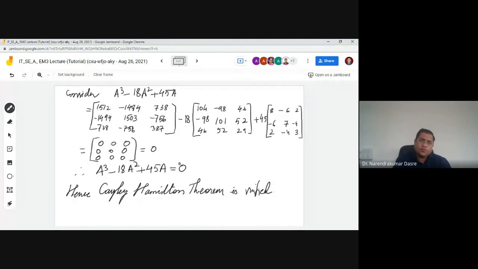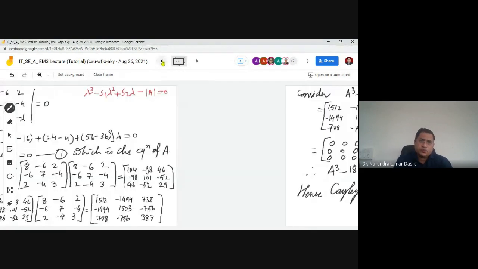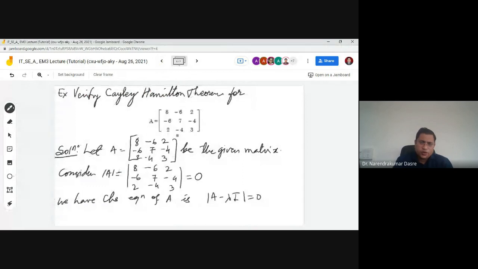Here we can see this was the given matrix. We just have to find out first the characteristic equation. To find the characteristic equation, first I need to find the determinant. After finding the determinant of this matrix, we got the characteristic equation.